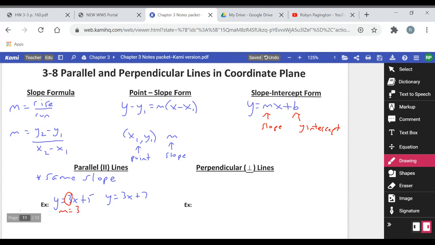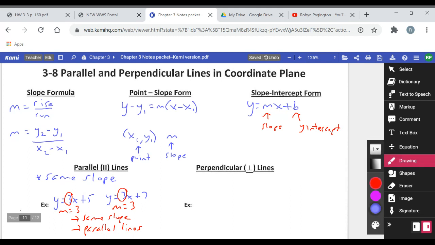All right, if y is by itself, whatever's in front of the x is the slope. So this one has a slope of 3. So since those two lines have the same slope, then those two lines must be parallel lines.